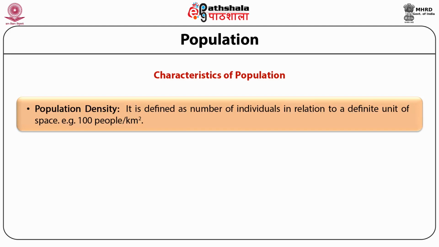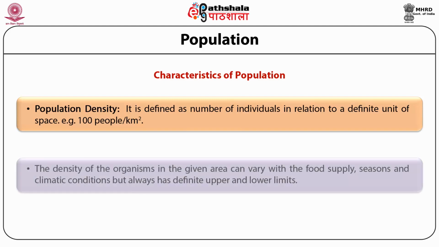For example, 100 people living per square kilometer or 4000 crustaceans per cubic meter of water. The density of the organisms in a given area can vary with the food supply, season, and climatic conditions, but always has definite upper and lower limits.